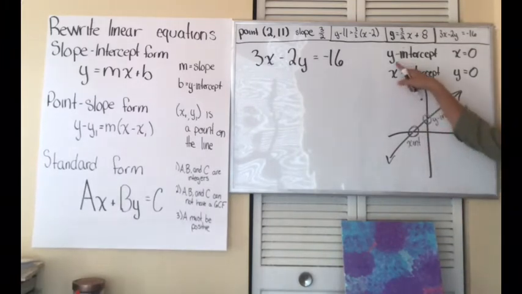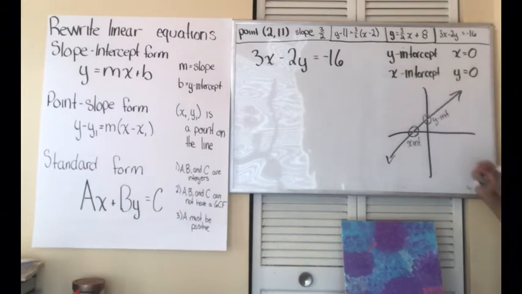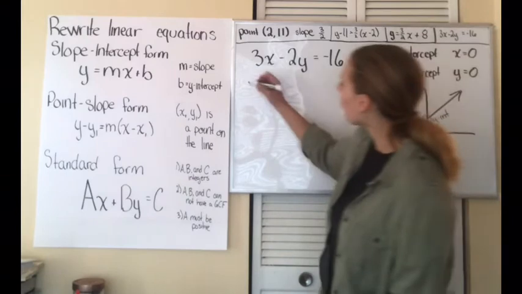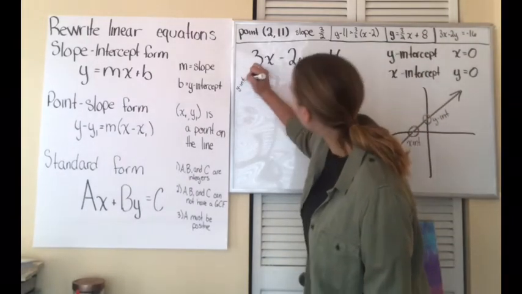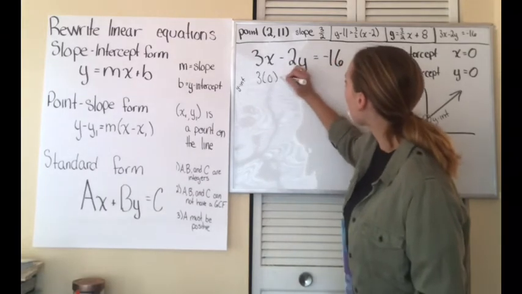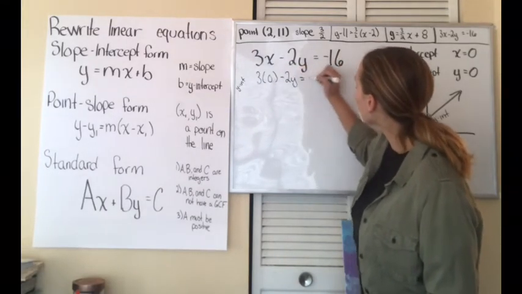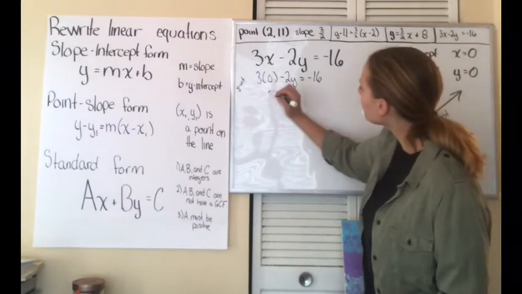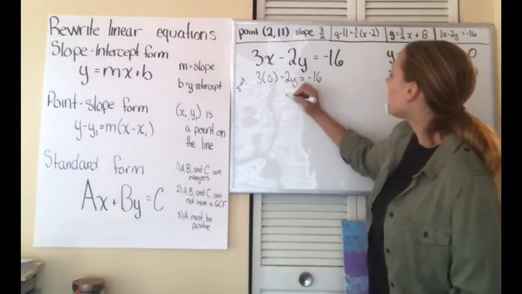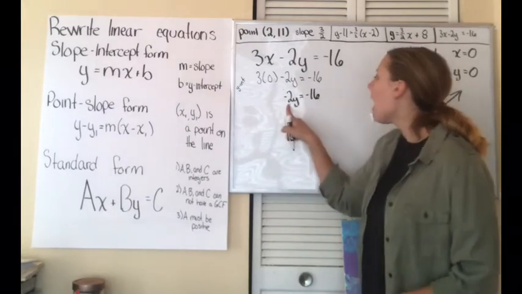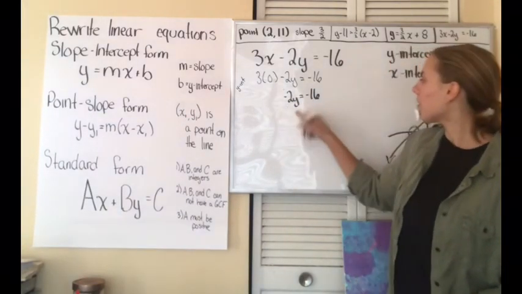So if I'm looking for my y-intercept, I'll plug in a 0 for x. So 3 times 0 minus 2y equals negative 16. 3 times 0 is 0, so they cancel out. So I end up with negative 2y equals negative 16. I'll divide by negative 2 to get the y by itself.